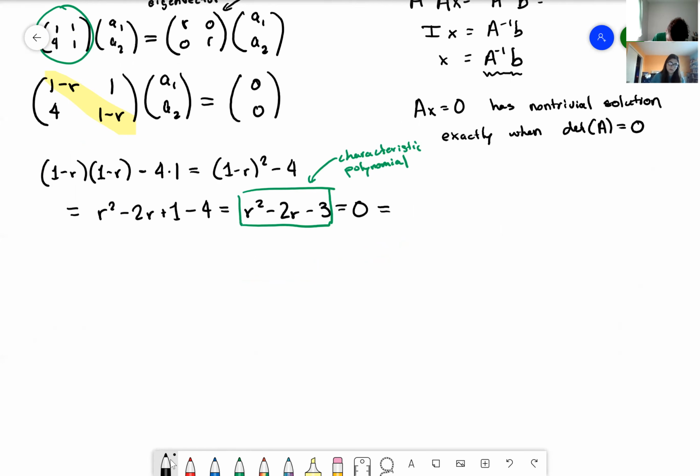So this is equal to (r minus 3) times (r plus 1), and we get r is either 3 or negative 1.